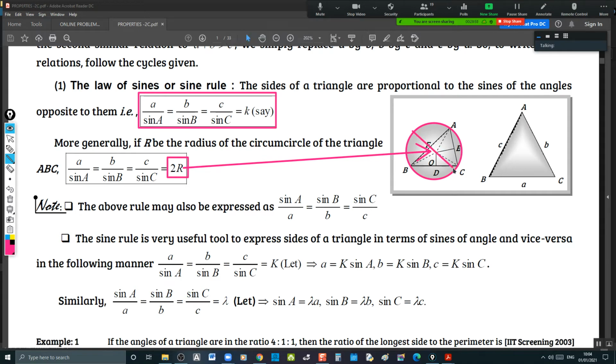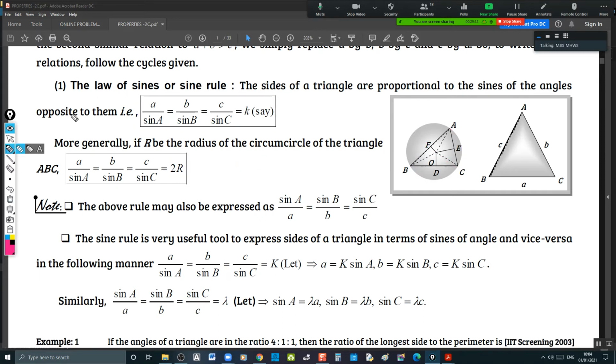So how can the sine rule be applied in the problems? See, whenever you get a, instead of a, mostly you can make use of 2R sin A. b is equal to 2R sin B. c is equal to 2R sin C. Okay.